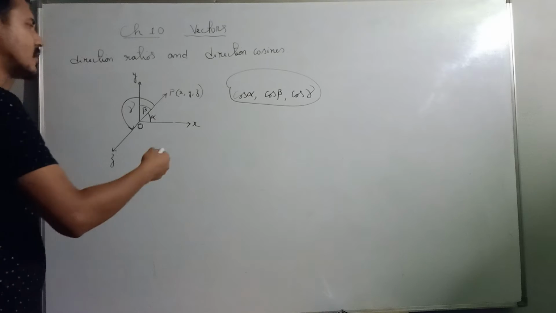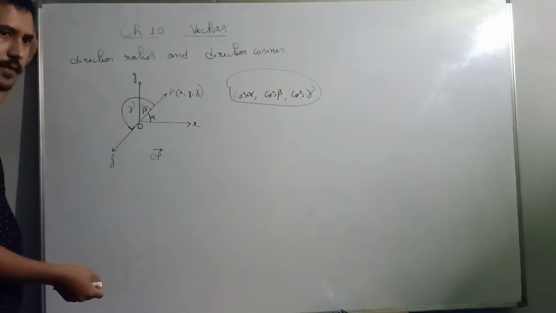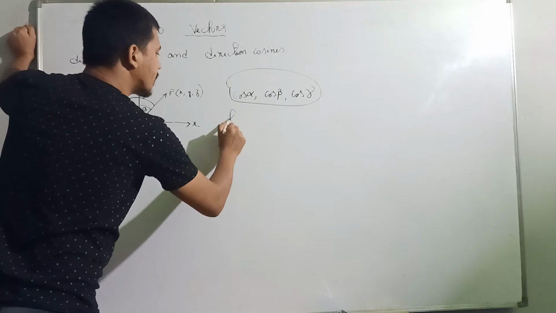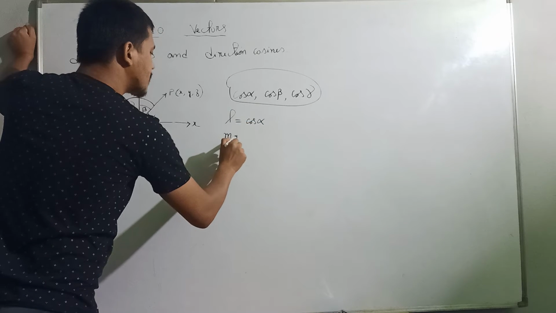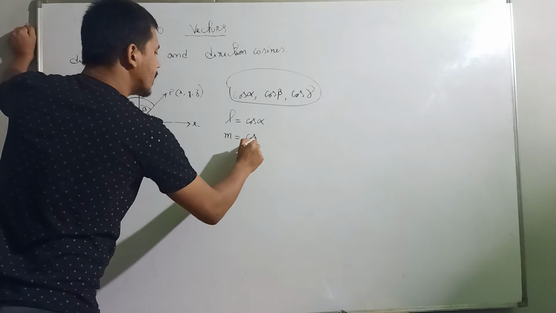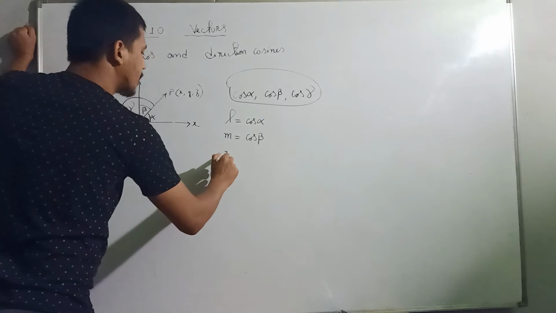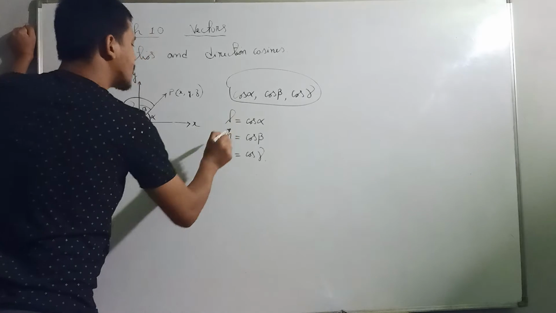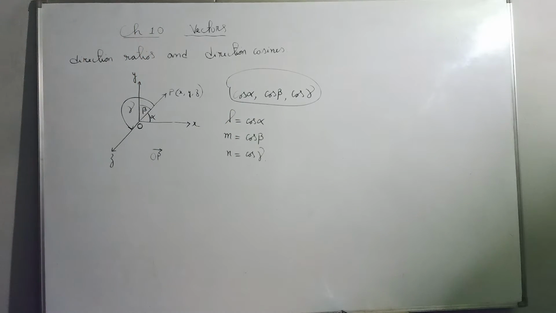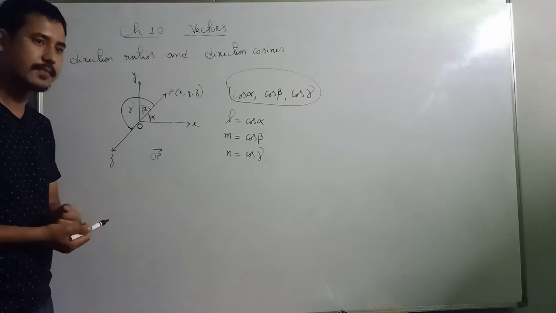Cos alpha is also denoted by small letter l, cos beta is denoted by small letter m, and cos gamma is denoted by n. So this l, m, n are known as the direction cosines.